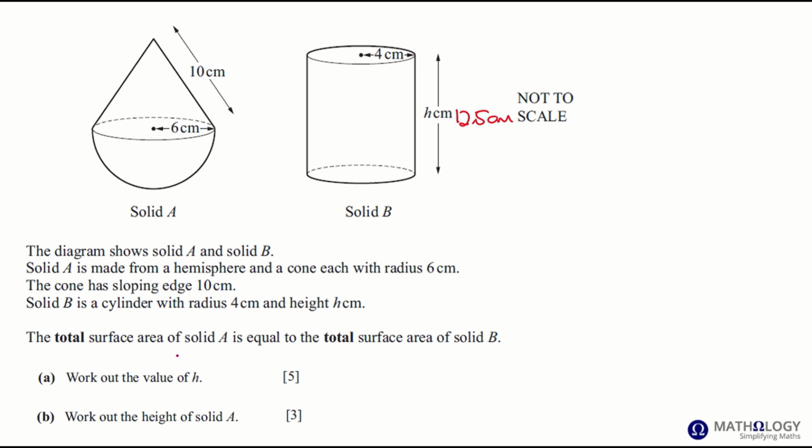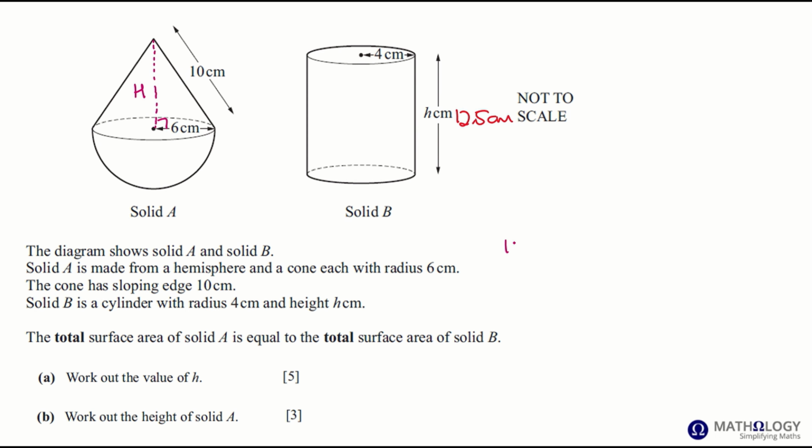Now I need to determine the height of solid A. So the height of solid A will be from the apex to the center of that circular face. So we'll call this, just to differentiate from this lowercase h, uppercase H. This is a straightforward application of Pythagoras' theorem because of a right angle triangle.